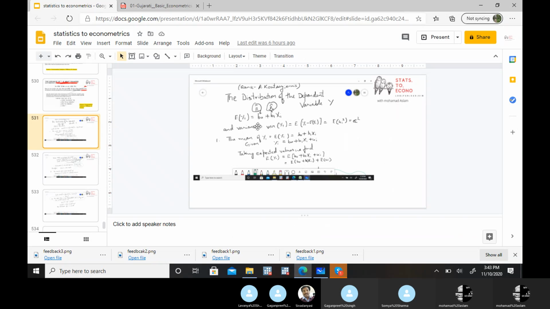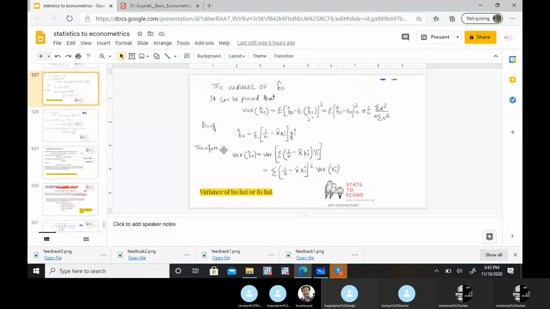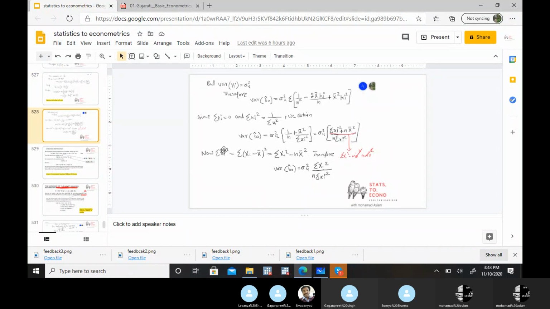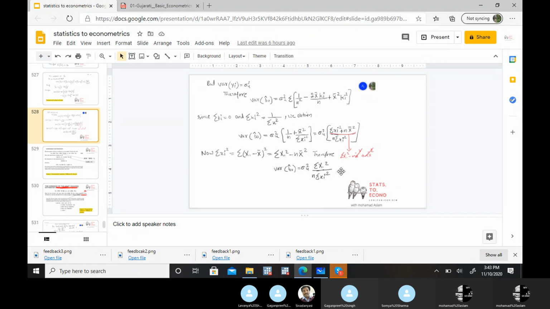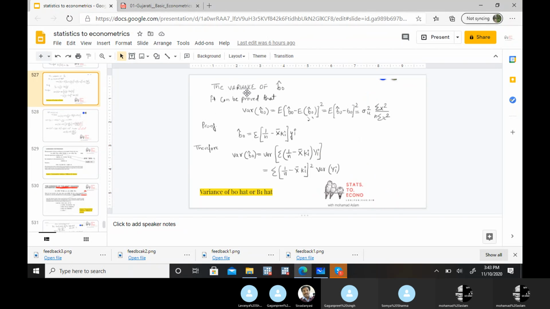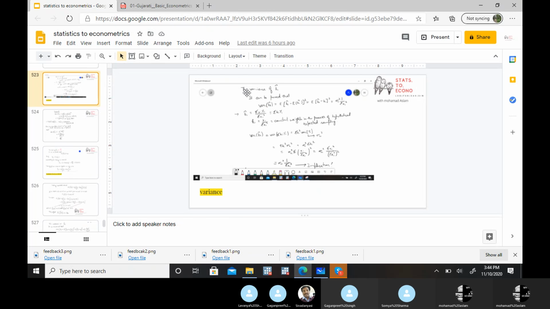If you can see here in the beta 1, in the variance of yi, we have used this particular value, right? Similarly, in case of beta 1 hat also, for the variance of yi, we have used this particular value.